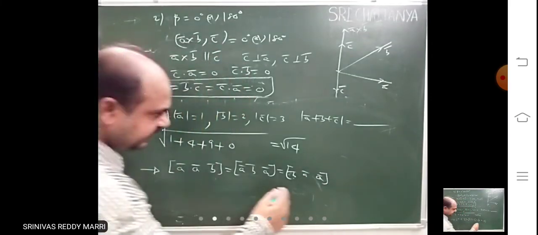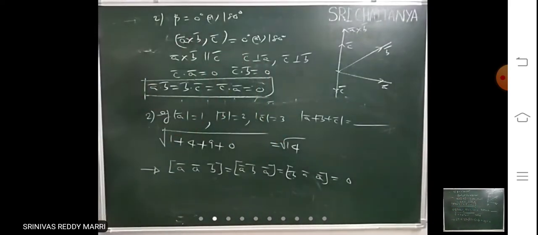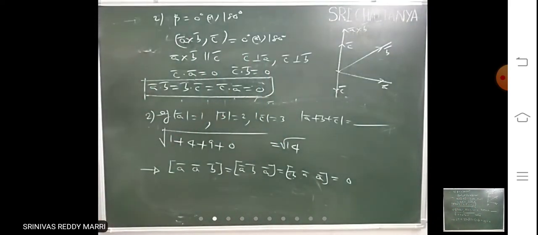So if any two vectors are equal, the scalar triple product will be 0.